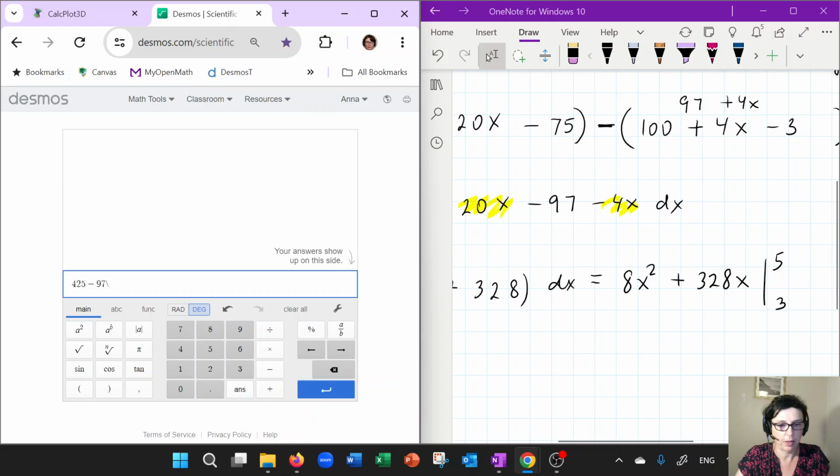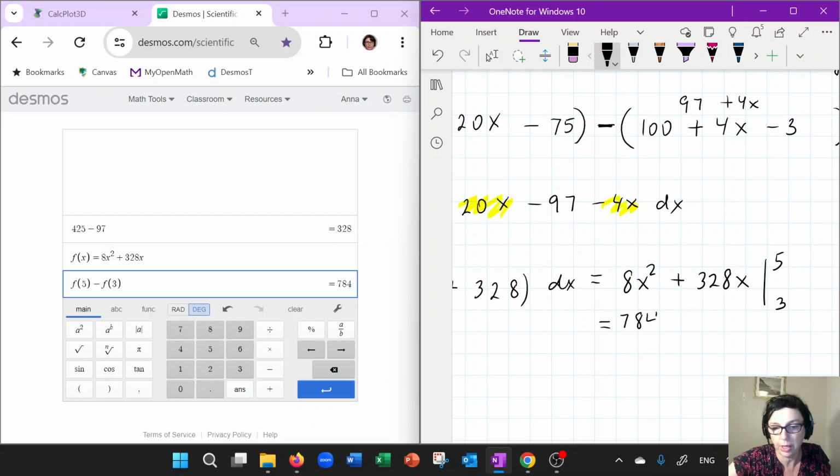So let me define f of x equals 8x squared plus 328x, and I want to compute at 5. So whatever I got, and then subtract, compute it at 3. And the difference will give me 784. So it's important also to note that if you get a negative answer here, that should not be good because you are computing the volume, and volume of any solid should be positive. So at least that part is good.